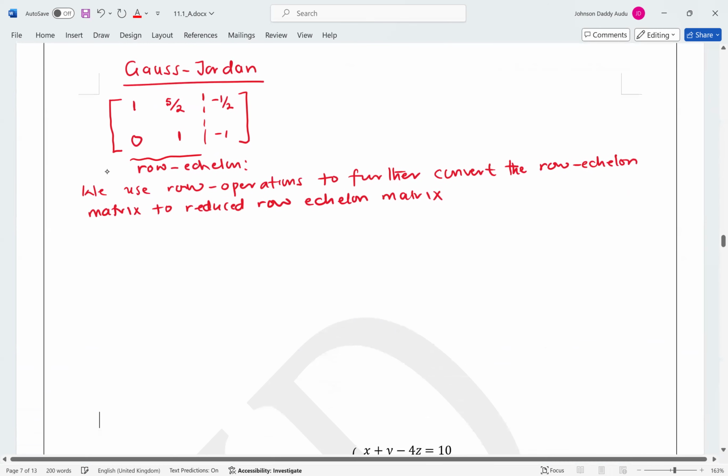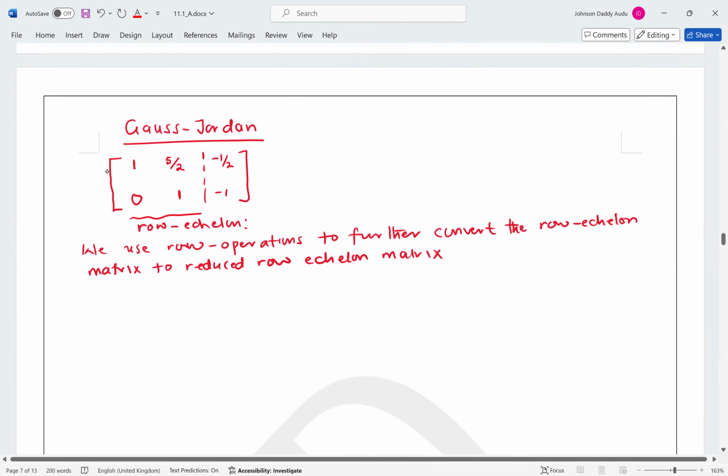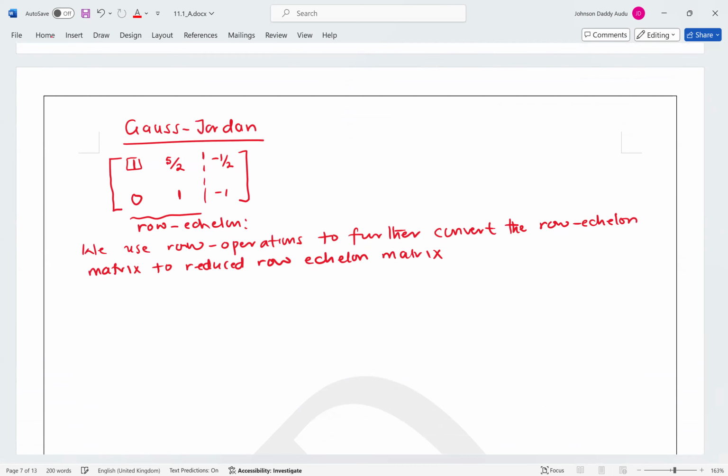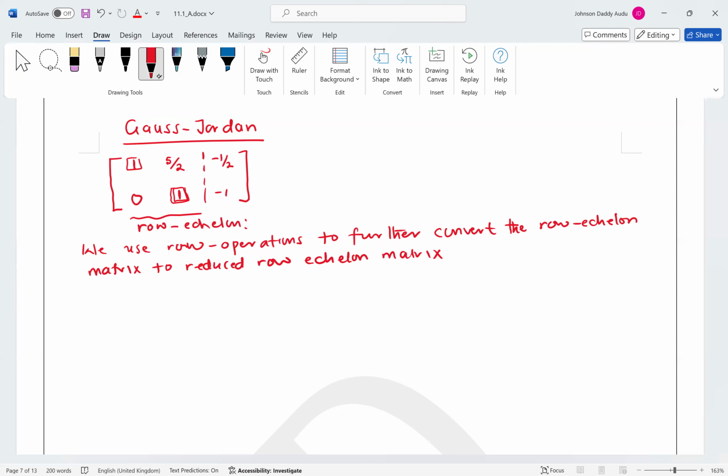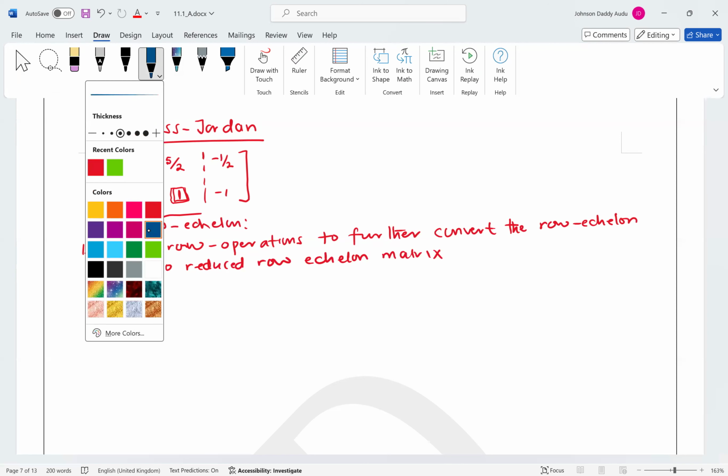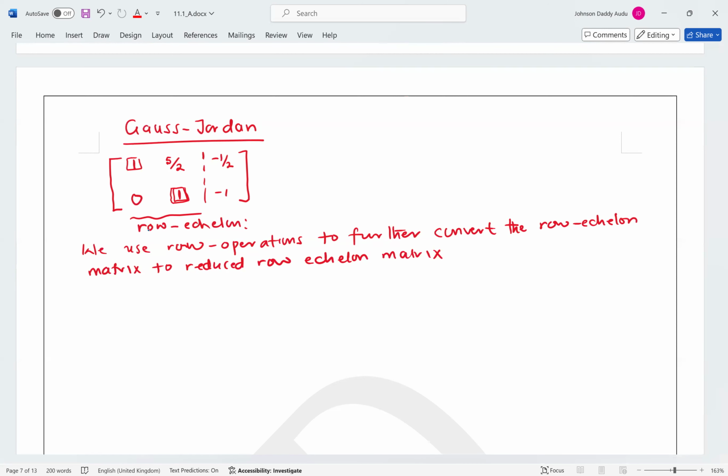Now, what will be reduced? Reduced means if you have your pivot, this is your pivot, this is your pivot. Here, all the elements under it are 0. The element above it, there is nothing. But for the second row, there's no element below it, but the element above it also needs to go to 0.